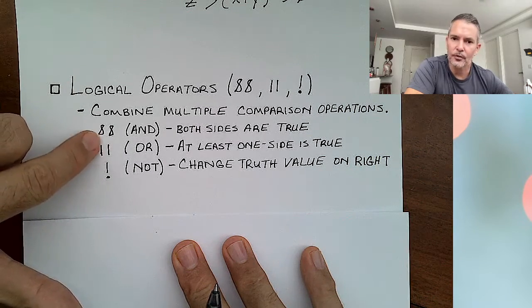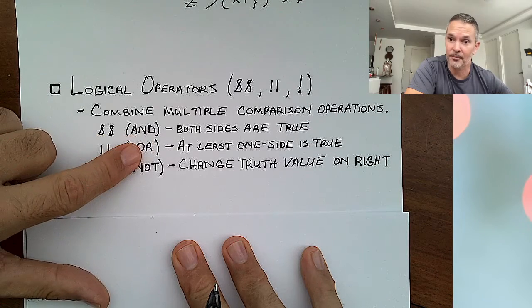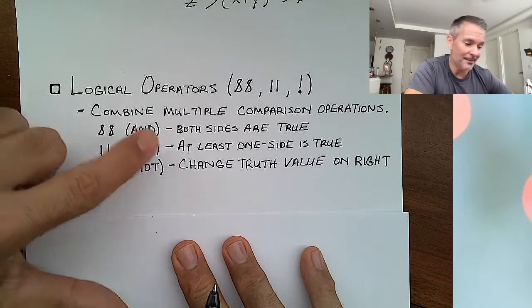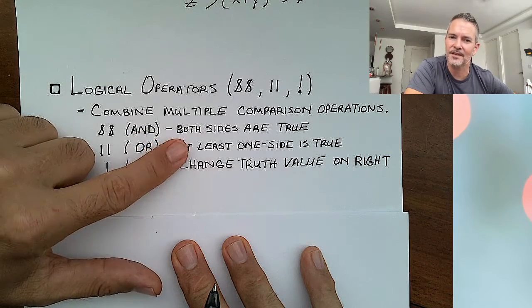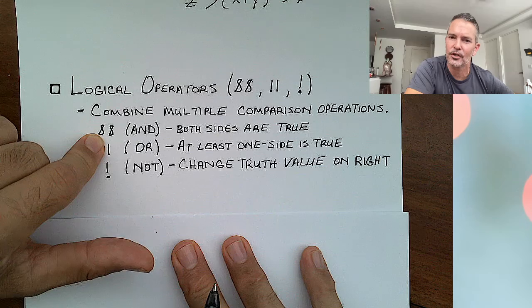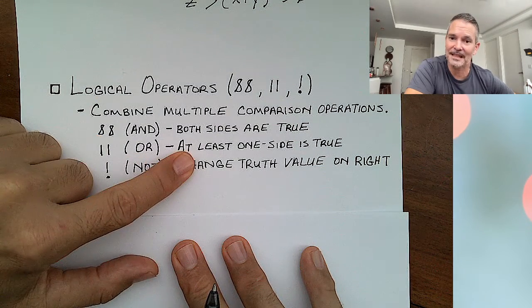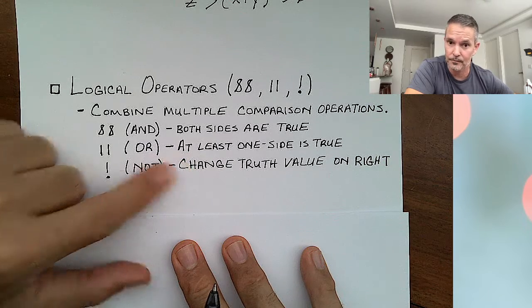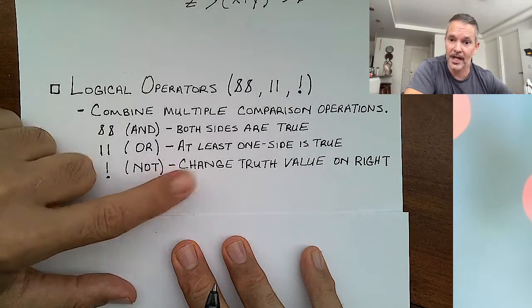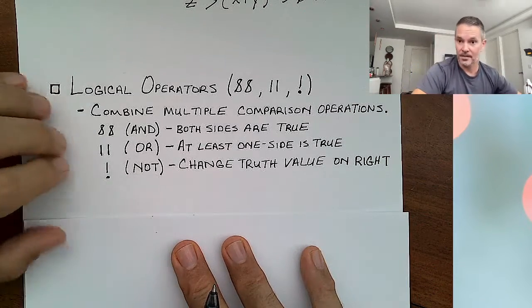When you put two ampersands, this is referred to as an AND operator in mathematical logic, and it means you're asking the question, are both sides of this operator true? This one's called OR. You're asking, is at least one side of this expression true? And NOT is used to change the truth value of whatever appears to the right of the NOT symbol.